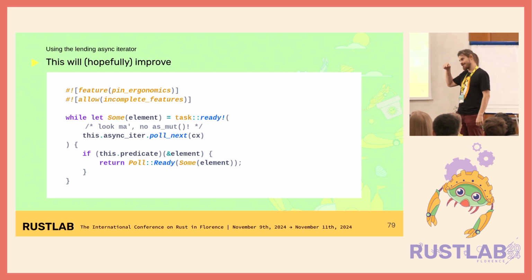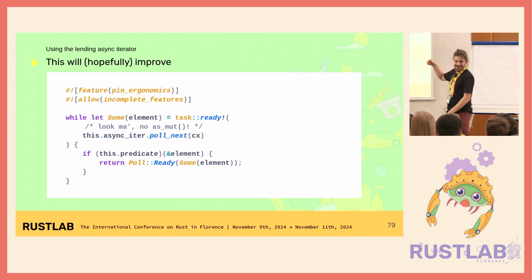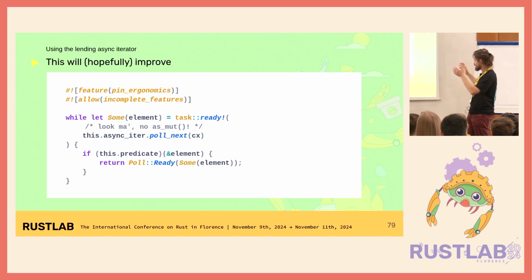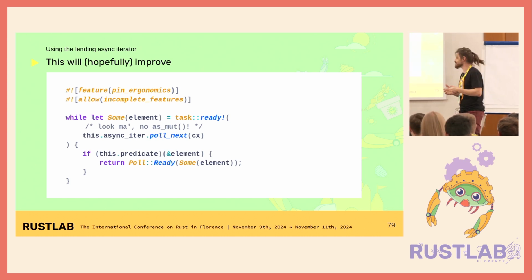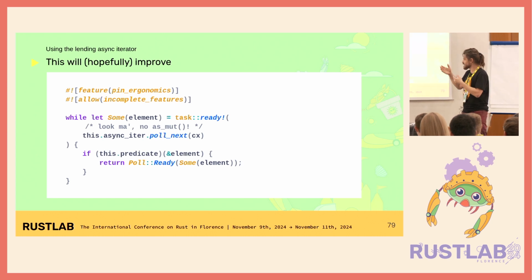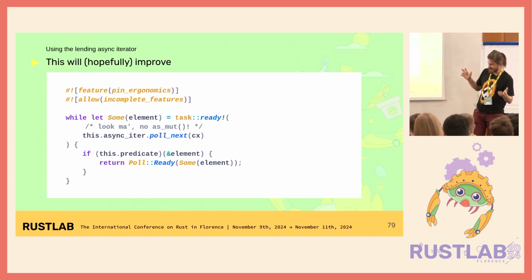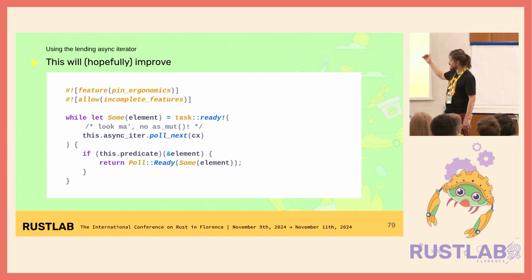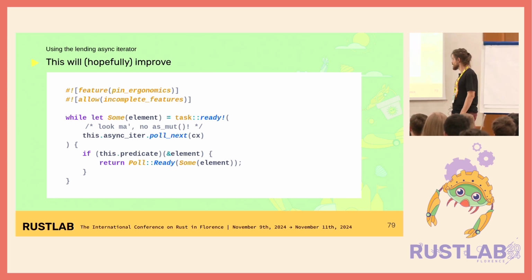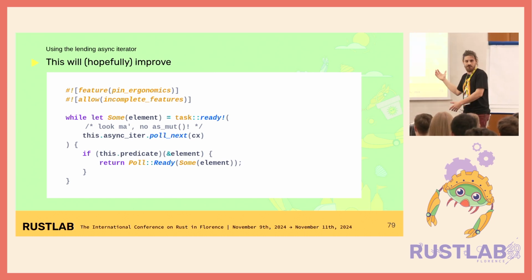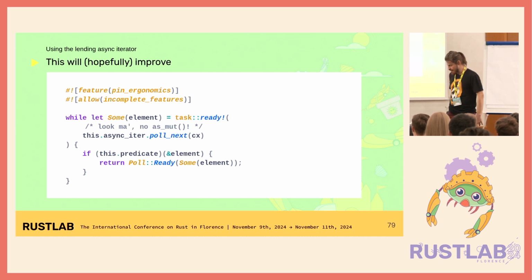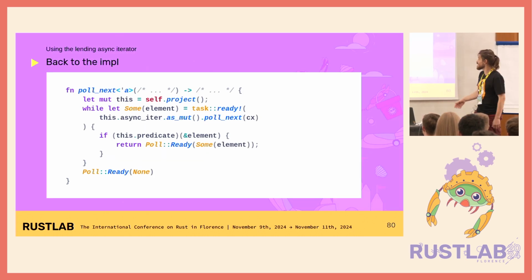It has been improved since I wrote the presentation, and things are improving, but for now, things are still unstable. In this way, you could just omit as_mut and things would have worked. Probably we're going to get this, maybe, but let's go back to our implementation.